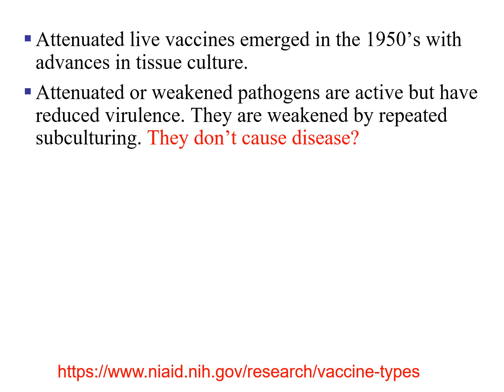Attenuated live vaccines emerged in the 1950s with advances in tissue culture. Attenuated or weakened pathogens are active but have reduced virulence. They have been weakened by repeatedly subculturing them. Since they are weakened, they cannot cause the disease.